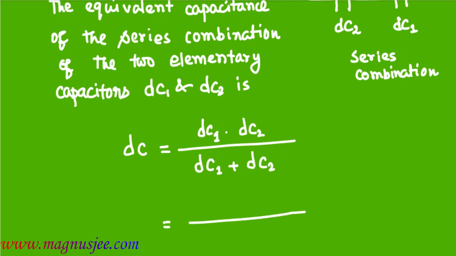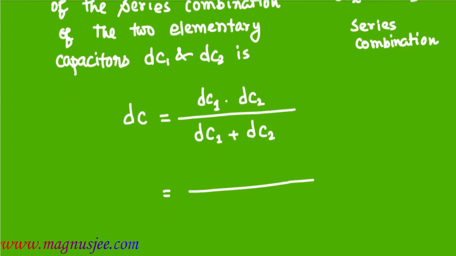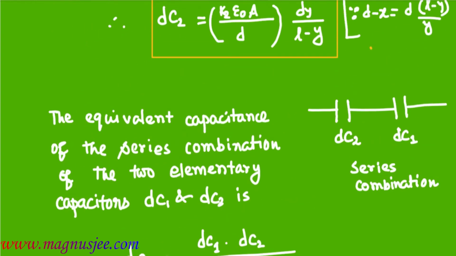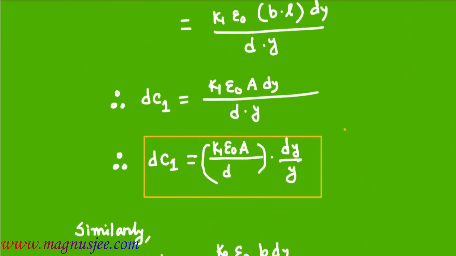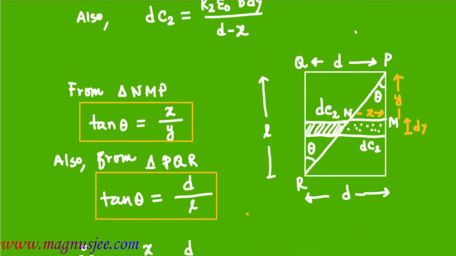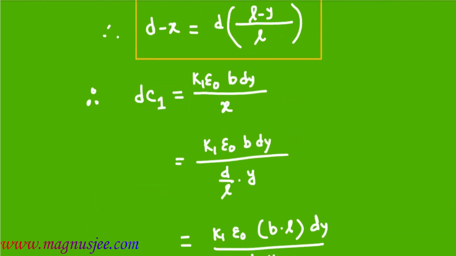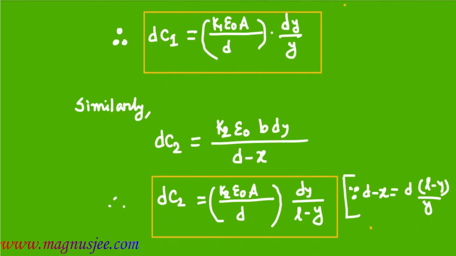Now putting the expression of dC1 and dC2, we get K1 epsilon 0 A divided by d, dy by y, and dC2 is K2 epsilon 0 A divided by d, dy by l minus y. dC1 is equation 1 and dC2 is equation 2.